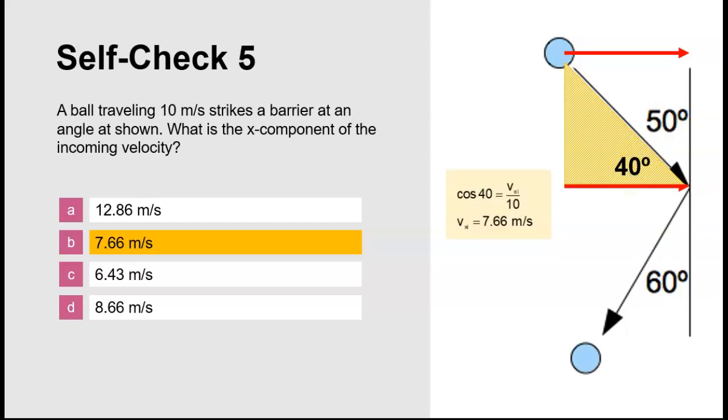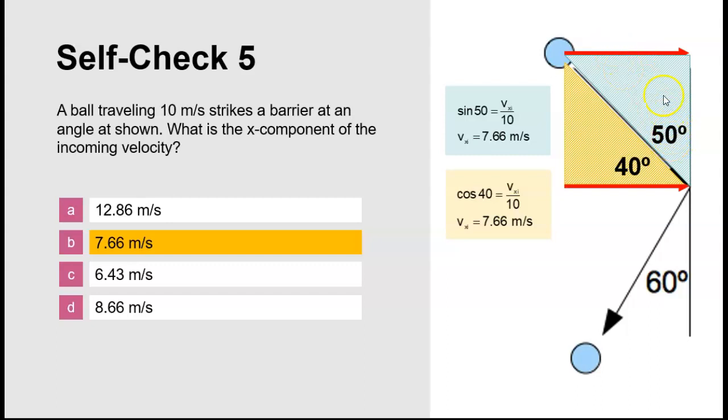And I could set up my trig where cosine of 40 would be the x component over the 10 and find out that the incoming velocity is 7.66. But what if you wanted to use the 50 degrees like the picture gave you? Well, then you just have to use a different triangle. And if you use a different triangle, it's not going to be cosine of 40 because the incoming velocity is opposite the 50.